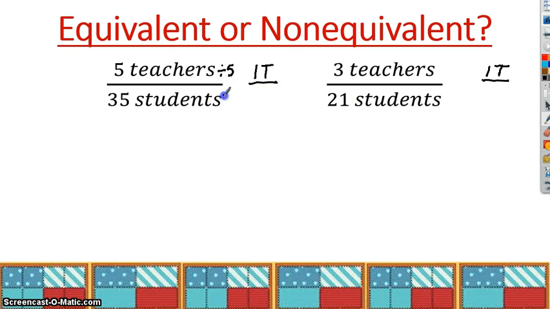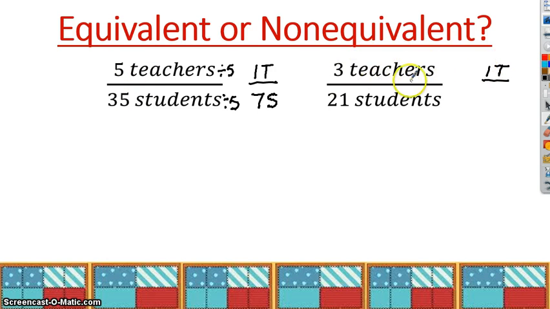We will likewise need to split the 35 students into 5 groups. So if we reduce the number of teachers by 5 to get 1 teacher in each group, and we reduce the number of students by 5, we would get 7 students. Each teacher would have 7 students. This is an equivalent ratio to this.